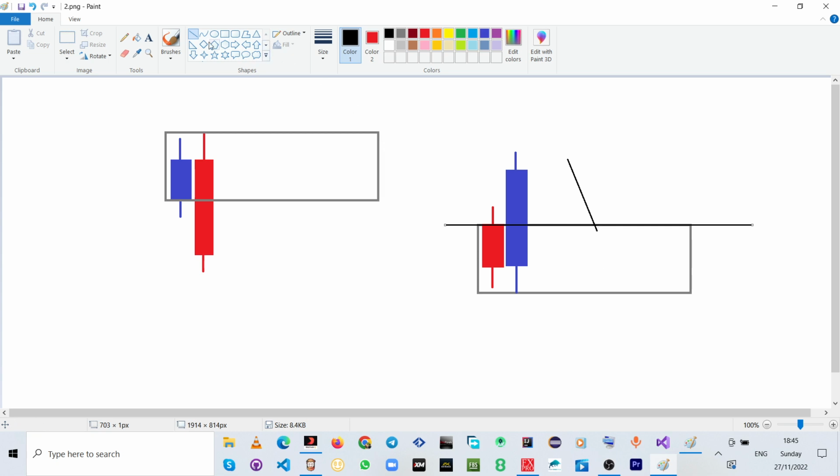Then you wait for price to reach your zone, trigger entry and reject from it. Your stop loss will be placed just below the zone, and the take profit in the zone that's above. I'll show you in the charts. So there's the stop loss, entry, this is a buy limit, and this is your take profit.